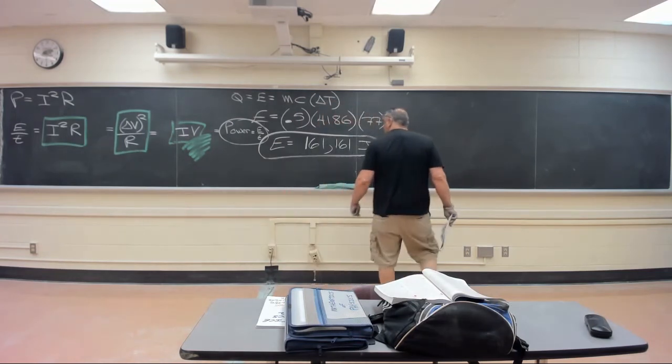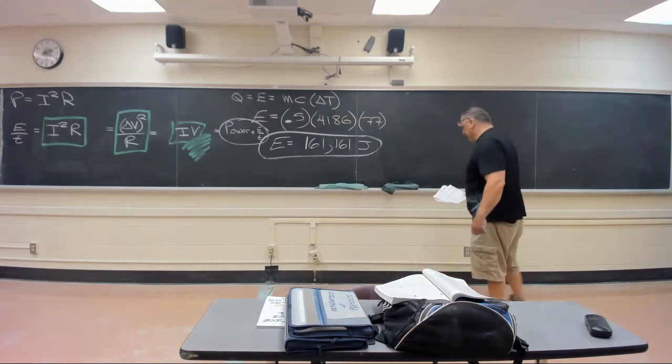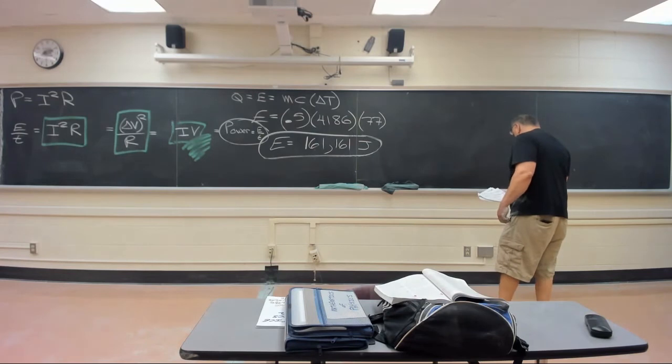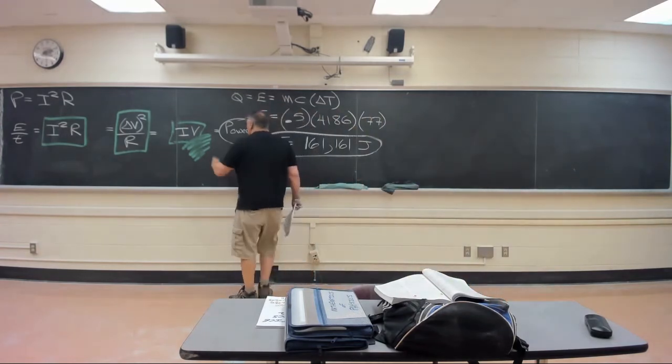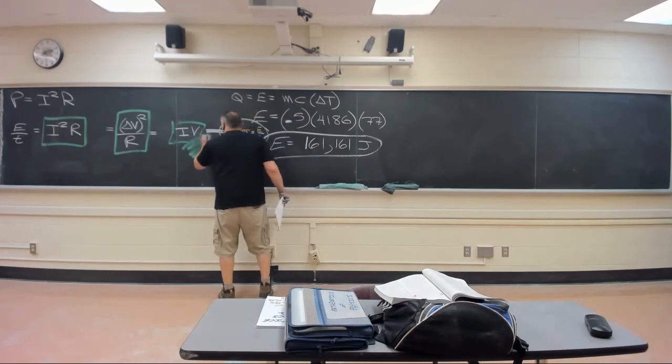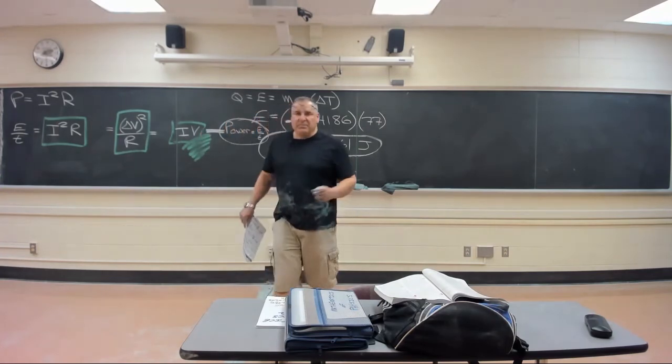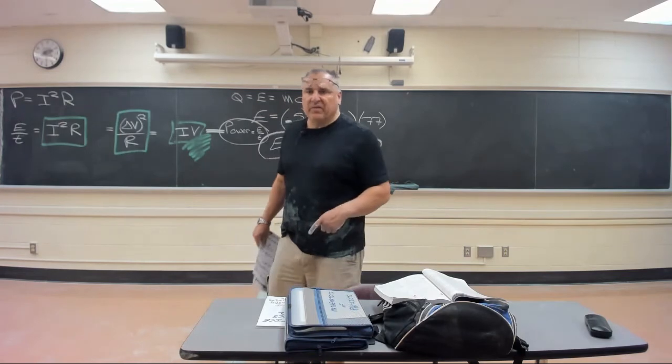So what do you got? I times V is going to be joules per second. Why is that?